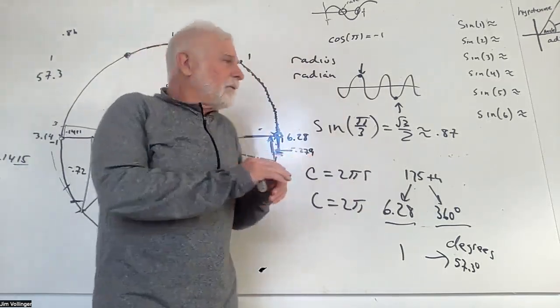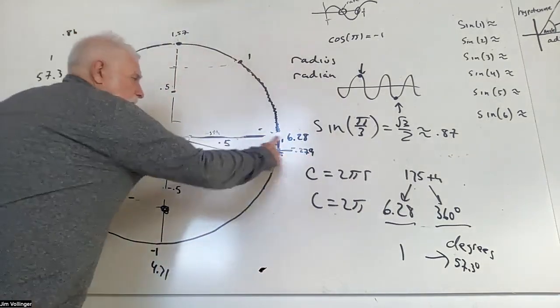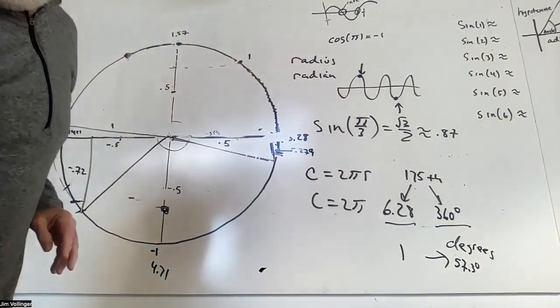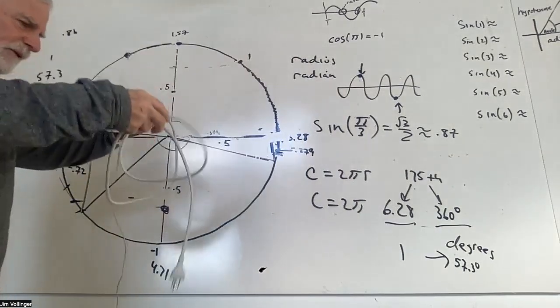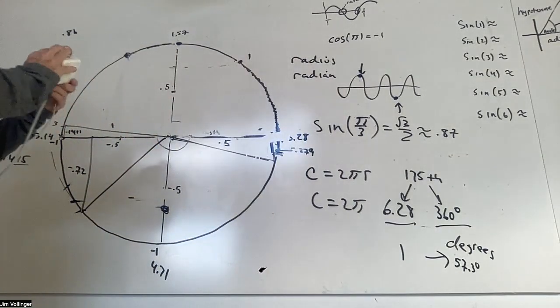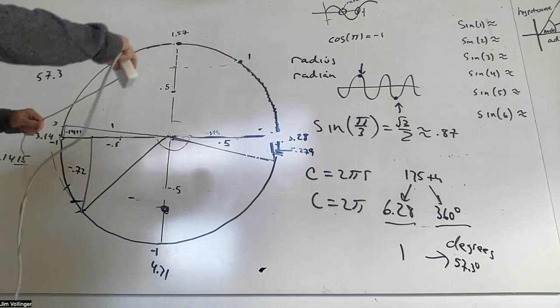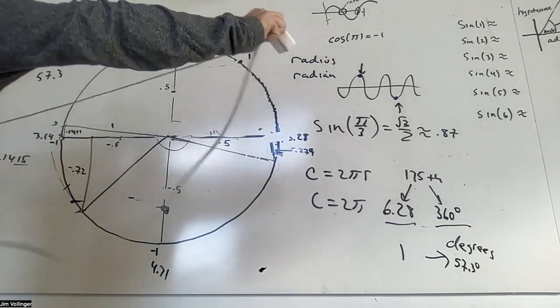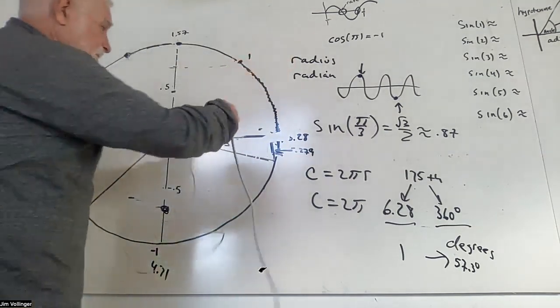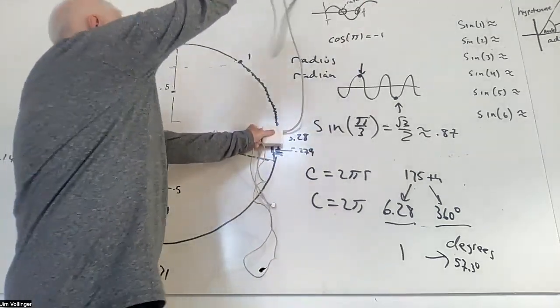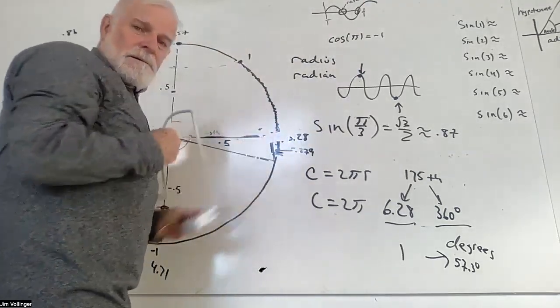A radian is just unwrapping. I've got this long cord. I didn't intend to have this here, but somebody left it. I'll use it. So if I were to start somewhere, let's start with this and wrap it around. Wrap it around.